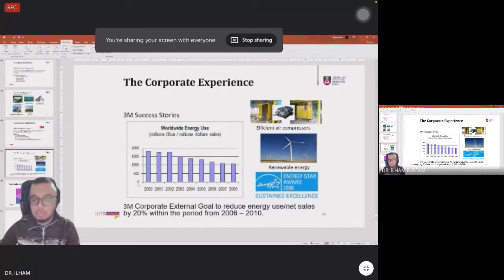So as before, I continue with 3M, based on 3M up to 2008, because of their incorporation of energy efficiency measures by reusing energy efficient equipment and also renewable energy. They have been able to achieve quite significant energy independence.